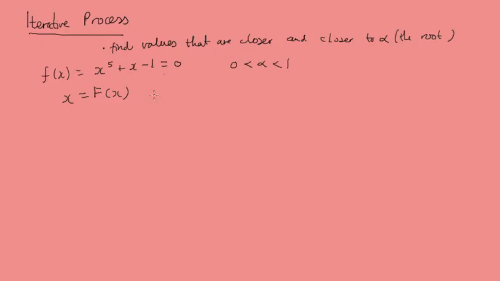If we do that, we end up getting x is equal to the fifth root of 1 minus x. That's one possible arrangement that we can do, and we're going to use this as a value of x.